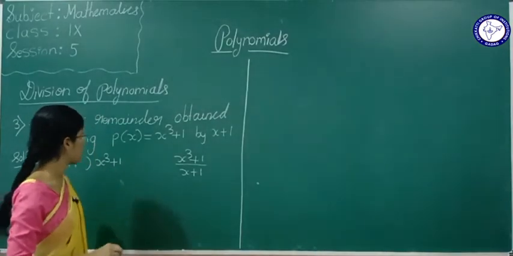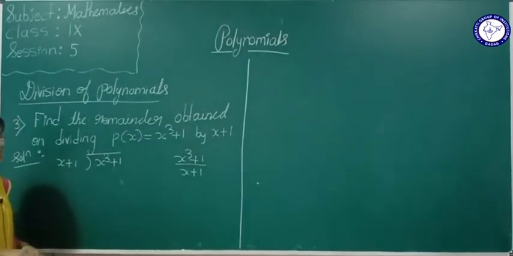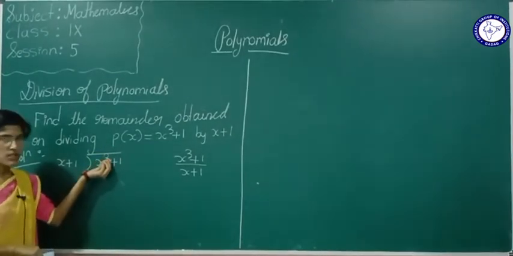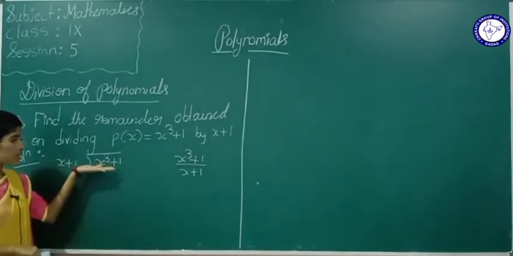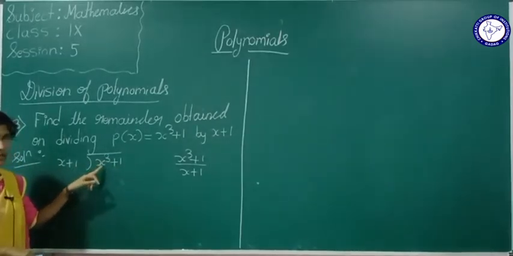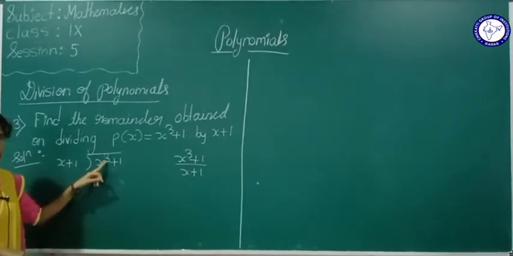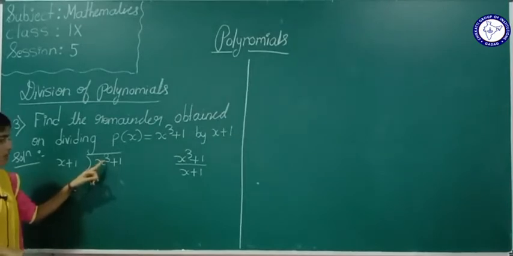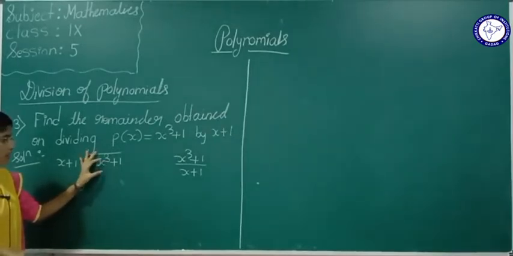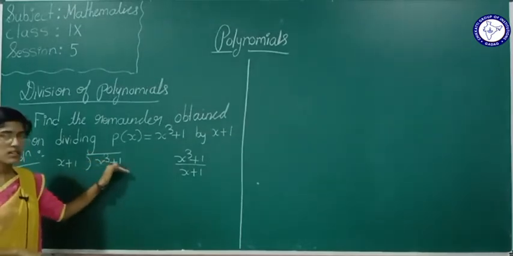Now see here, the first step I told you is that you have to see the variable's power. This is the dividend. In this polynomial the variable is x, and the x power is 3. First I told you to check that the variable's powers are in decreasing order.